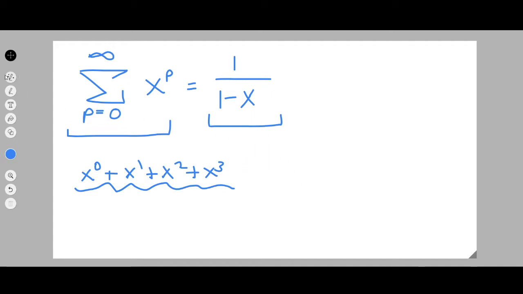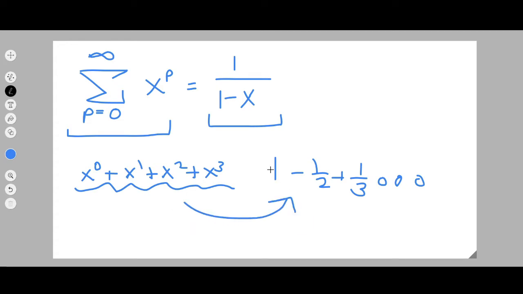First of all, our alternating harmonic series is 1 plus 1 over 2 plus 1 over 3, but alternating. So I'm just going to turn that into a minus there, and so on and so on. You get the point. The thing is, this thing and this thing are two different things.